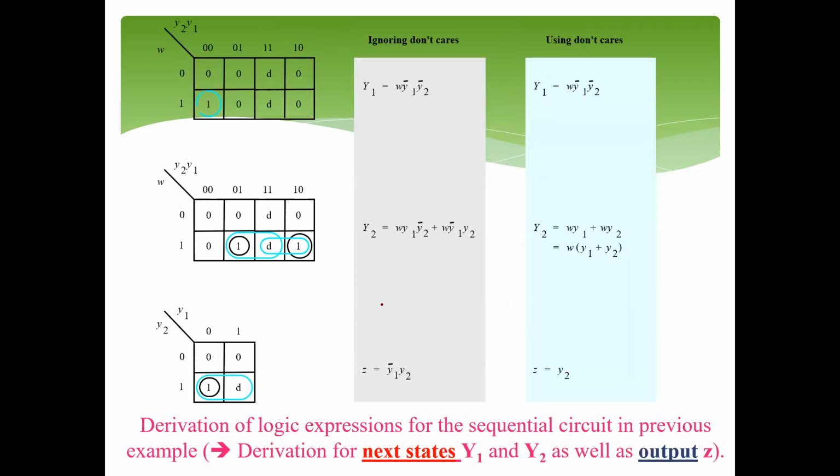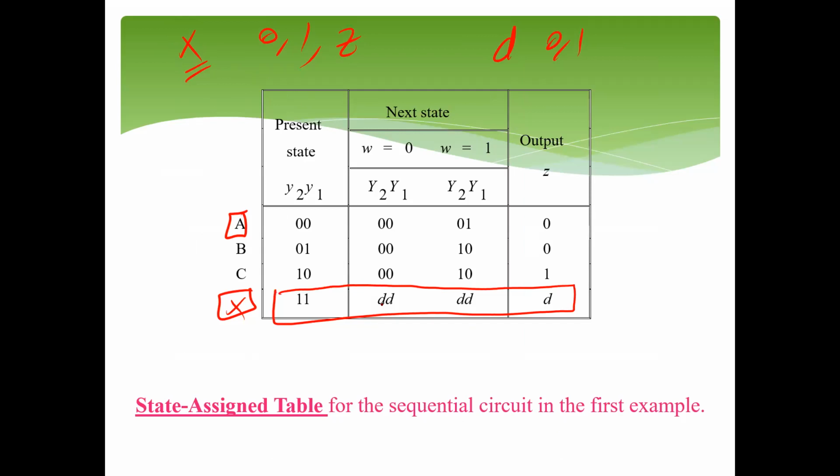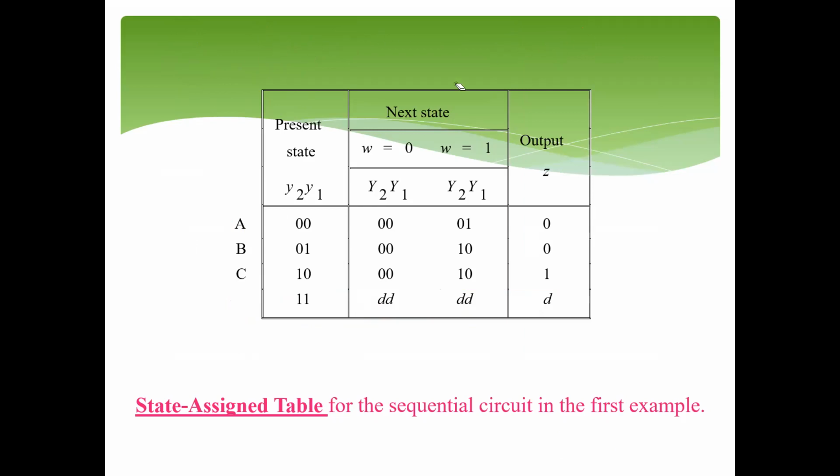Now you make your K-maps from this state table. Let's take one example of that. How many K-maps should I make? This circuit, how many outputs do I have? Three.